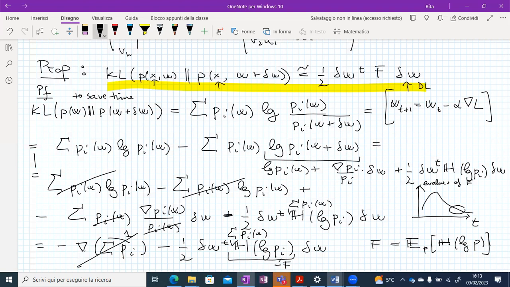Now, the sad part of all of this is that they talk as if F were a metric, but F is not a metric, because F is degenerate, okay? It has a strong degeneracy, and this cannot be cured. So it's really very bad.